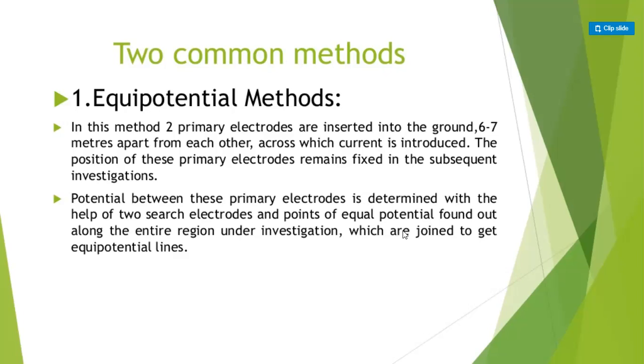Guys, before we go to the common methods, I need to tell something about the electrical resistivity method. That matter is not mentioned here, but I will explain. You listen carefully, guys. Electrical resistivity is the resistance of a material to the flow of electrical current.